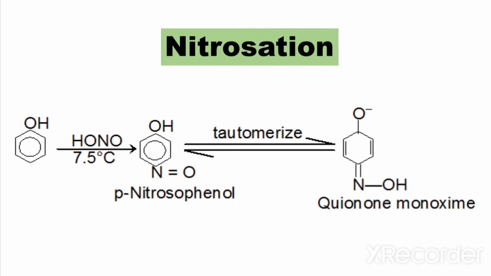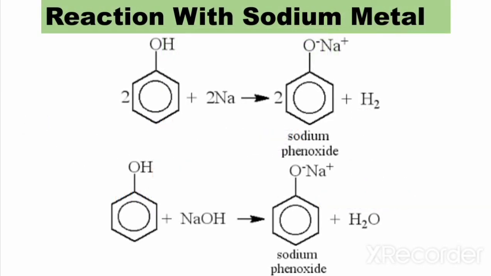This is the nitrosation. And the other is the reaction with sodium metal. When sodium metal reacts with phenol, the product we get is a sodium phenoxide ion, which, when reacted with an acid, converts back into phenol itself.